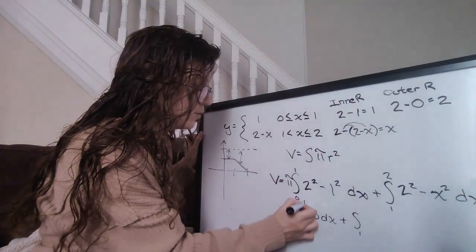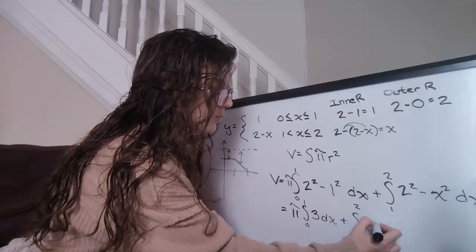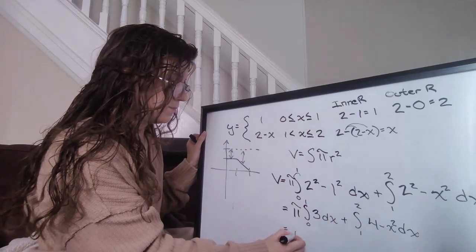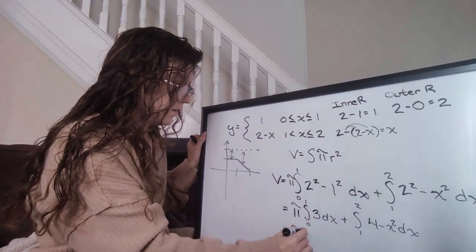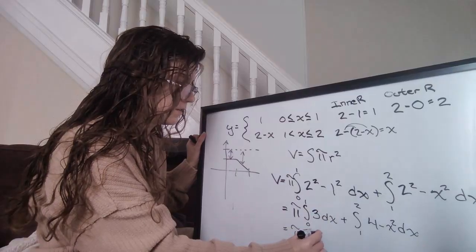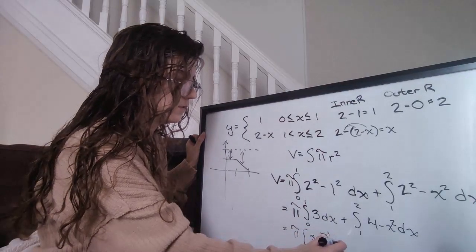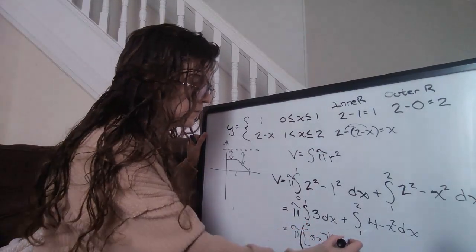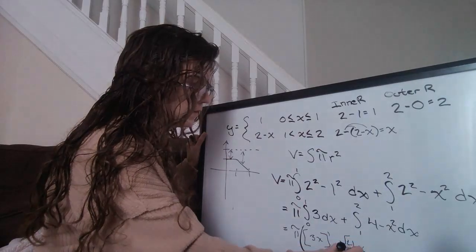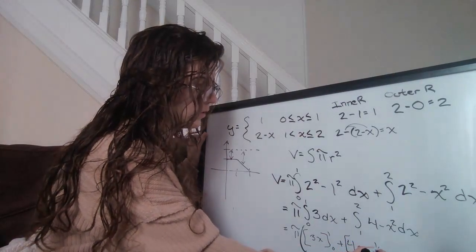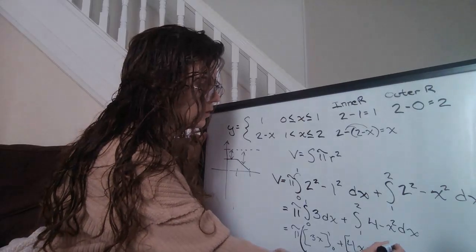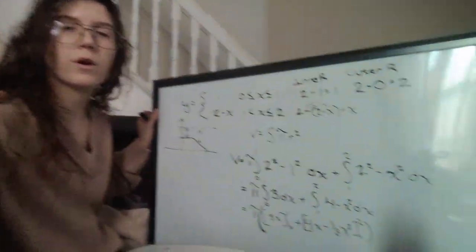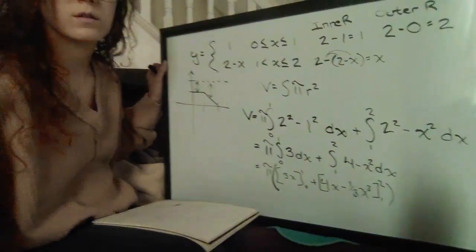So this is from 0 to 1, 1 to 2, 4 minus x squared, and then this would be pi times 3x, and then this is going to be 4x minus 1/3 x cubed, 1 to 2, and we're going to have to distribute our pi all the way at the very end.